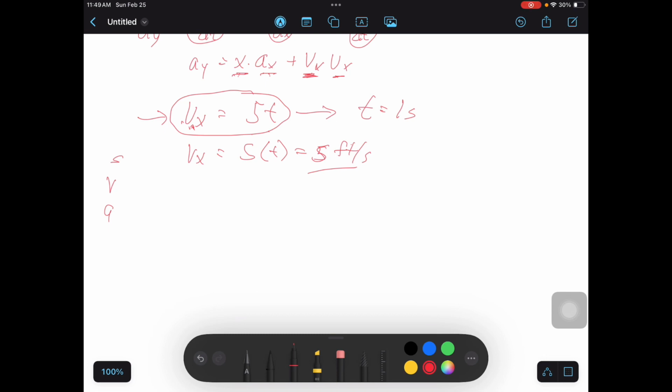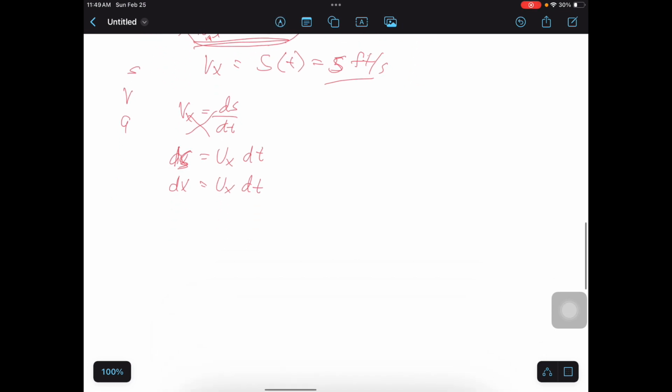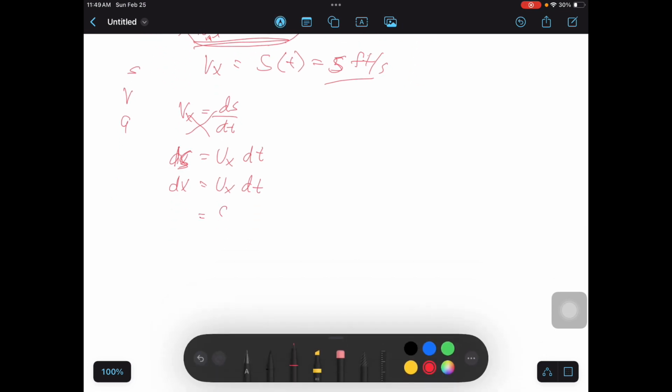So, let's get x first. Let's get x by integrating this function. By definition, vx is dx over dt. So, our ds here is dx, right? Since it is along the x-axis. So, let's rewrite it. The function for vx is 5t.